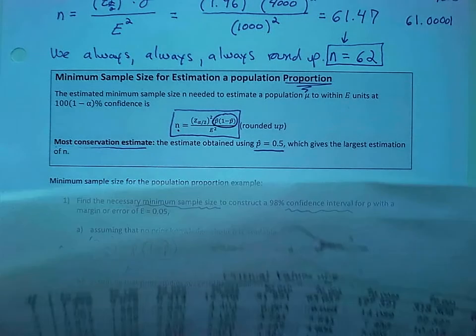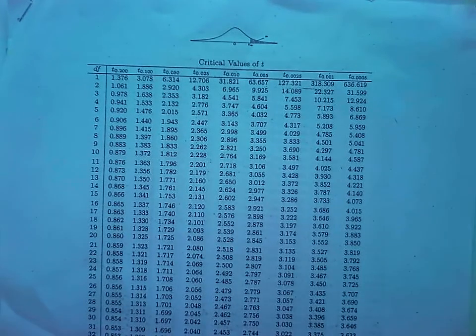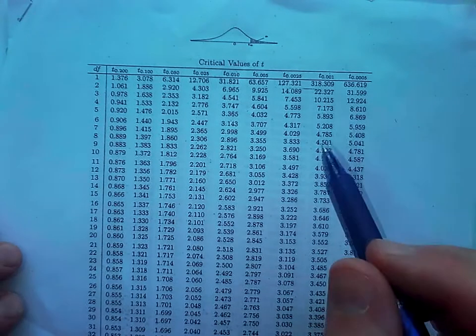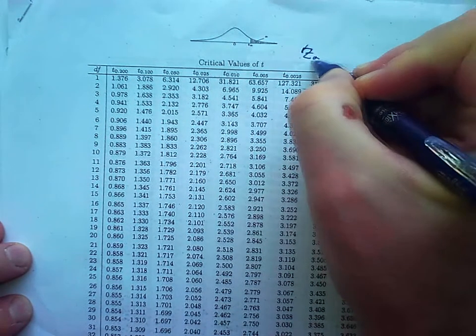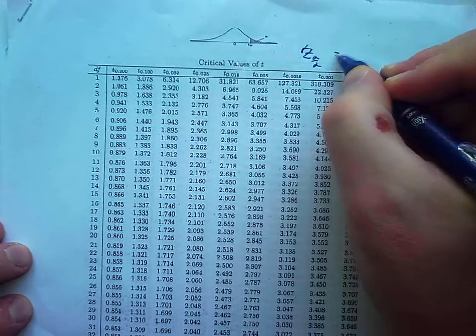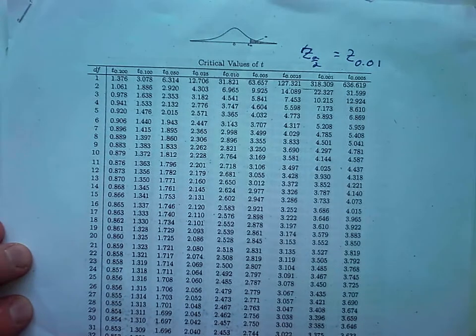So we're going to use our t-table to do that, just to jog our memories about the t-table. And our alpha divided by 2 value, right, so we have Z sub alpha divided by 2, we're saying is equal to 1% or 0.01.